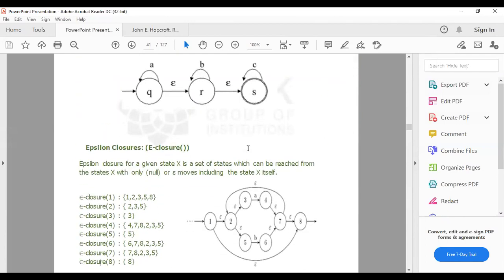And we know epsilon closure, right? What is the epsilon closure? Epsilon closure of a state means we have to include the particular start state, and from that state, on reading the input symbol epsilon, we move to further states. This is the epsilon closure.